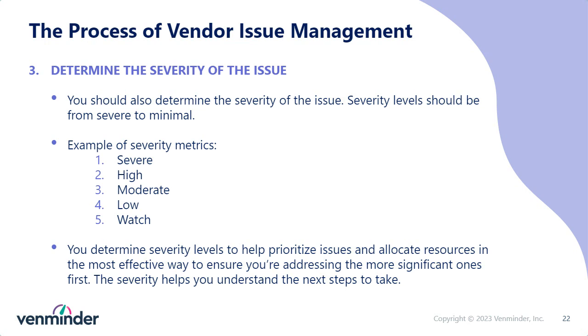But having a way to gauge the severity is very important. And again, it's up to your organization, but having this in place will really help you prioritize, especially if you're short-staffed or there's a lot going on at one time. You can say, right now we're going to really tackle everything that's high and severe, and then we're going to get to the rest as we have resources to do that.